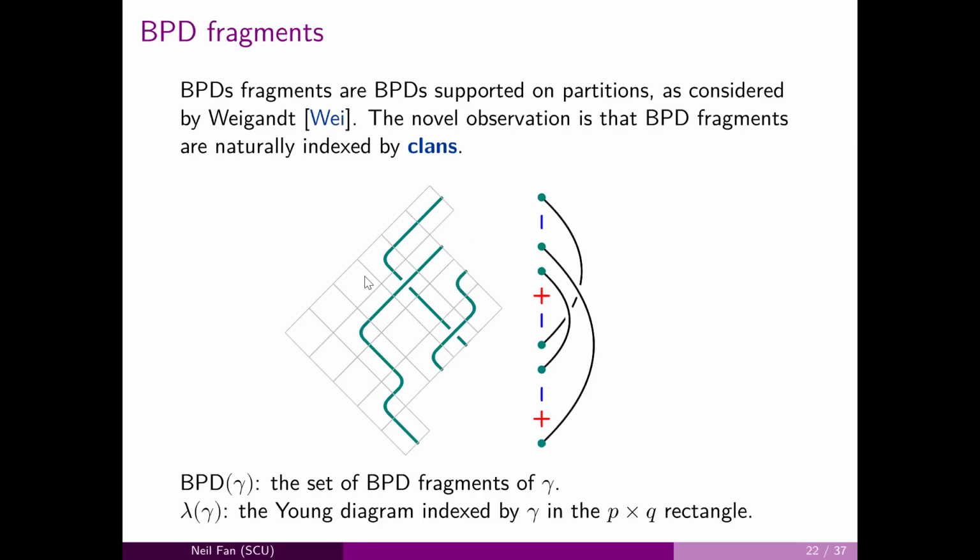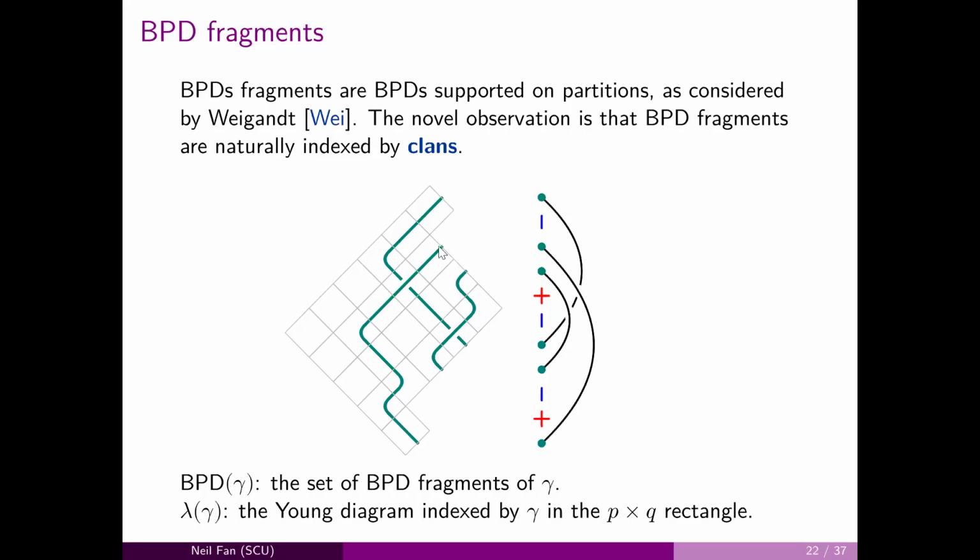So to read off a clan from a Bumpless pipe dream fragment, we just pull straight the southeast boundary of the partition, and replace each step by a node. This is a node, this is a node. And if there is a pipe connecting 2 steps, we draw an arc between the 2 nodes.